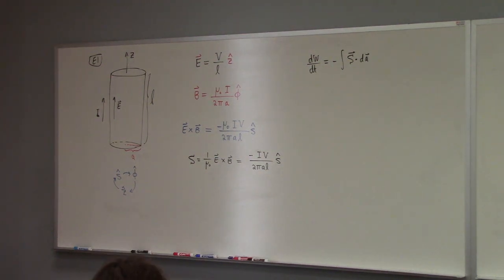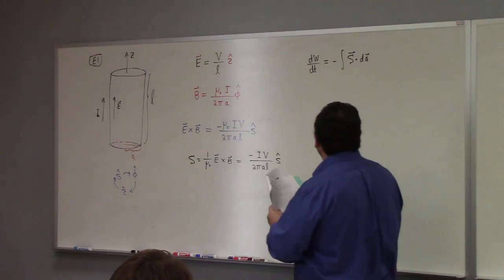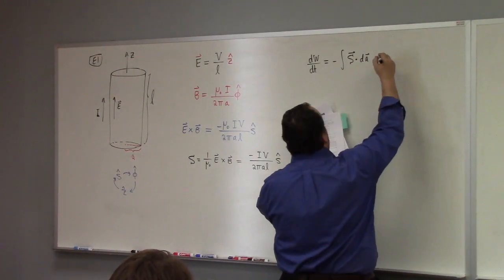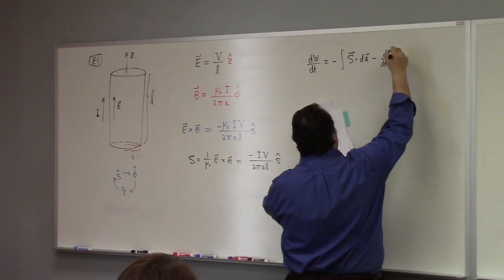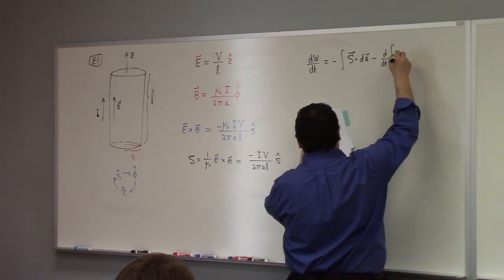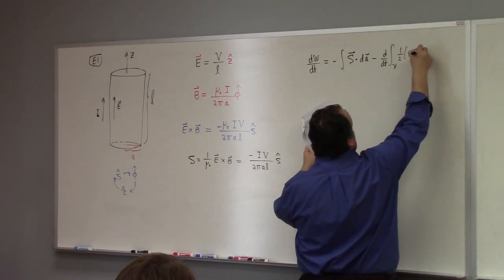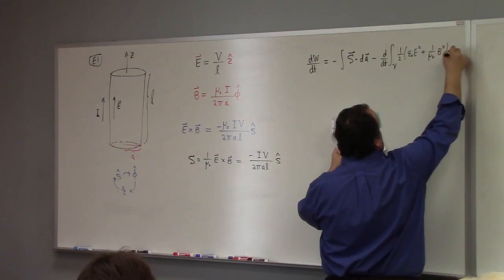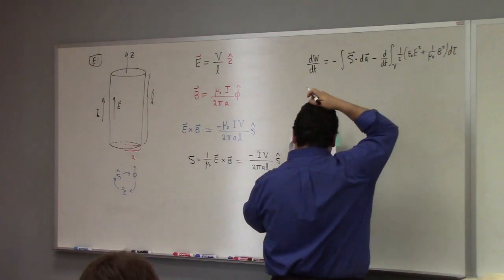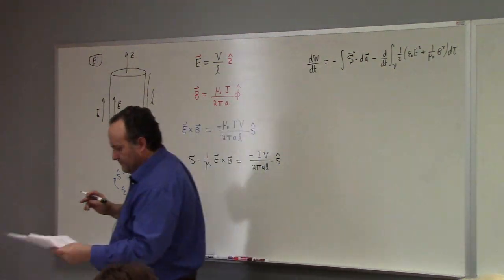Give me a second here. I'll write it second: d/dt of the integral over the volume of 1/2 of epsilon naught E squared plus 1 over mu naught B squared d tau, right? That's the total thing we derived.